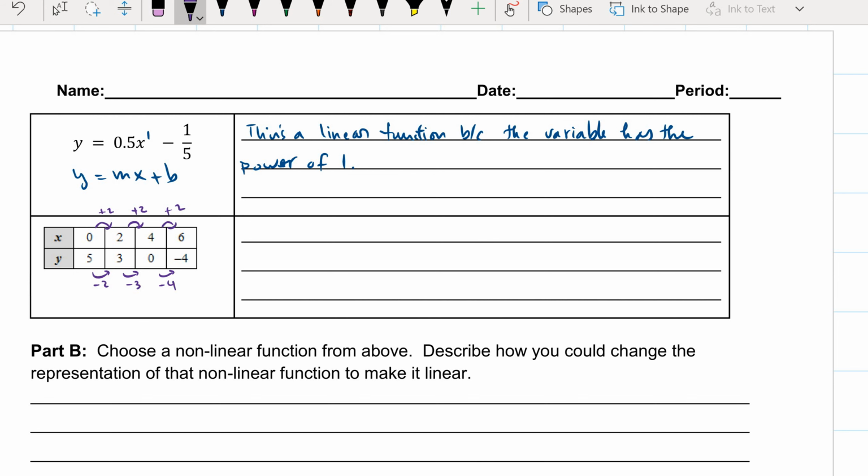Since the y value in this case is decreasing inconsistently, the first number is decreasing by 2, the second by 3, and the third by 4.